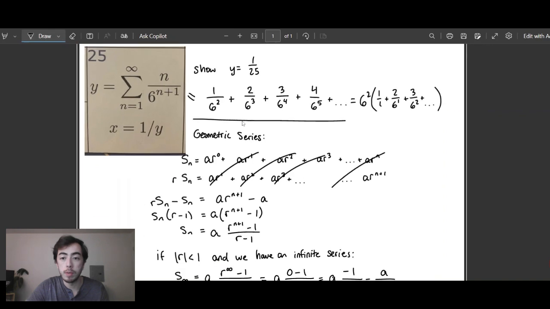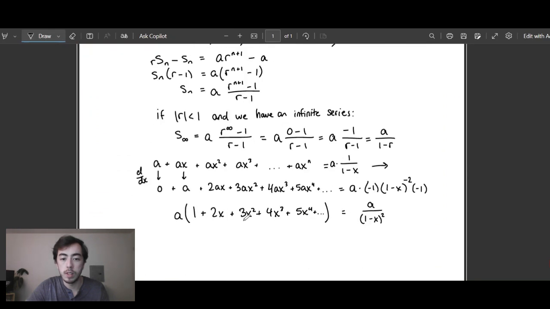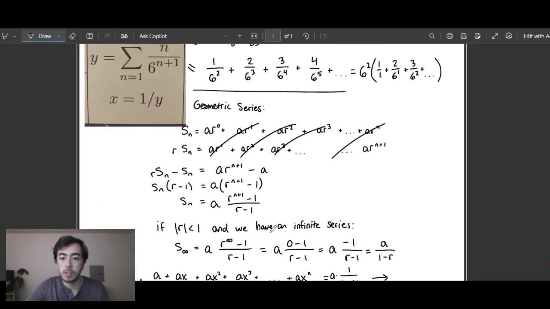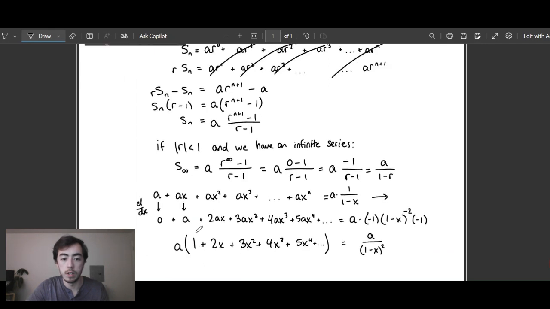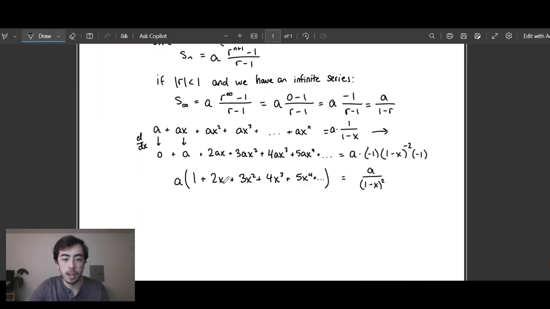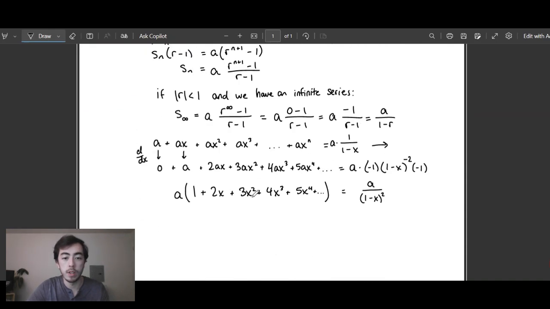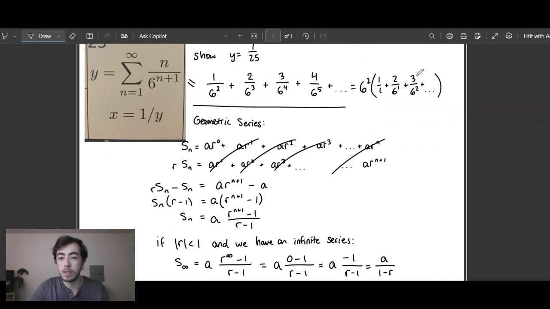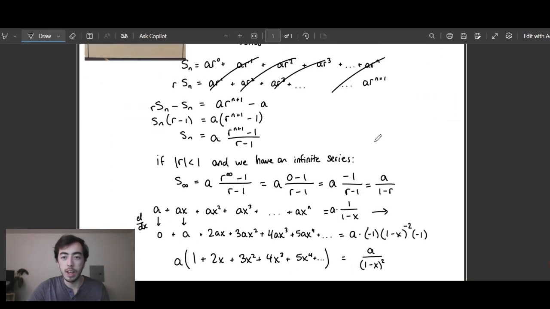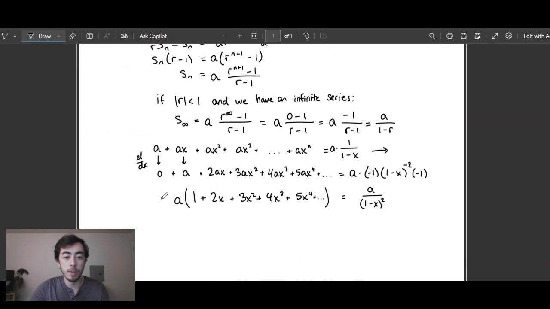And that's actually perfect because it lines up with this right here. Because I have this 1 at the start, then I have 2 times x. Now let's have x be 1/6, because then when I have 3 times x squared, that's going to be the same thing as 3 times 1/6 squared. Great, and then this 6 squared out front is my a.